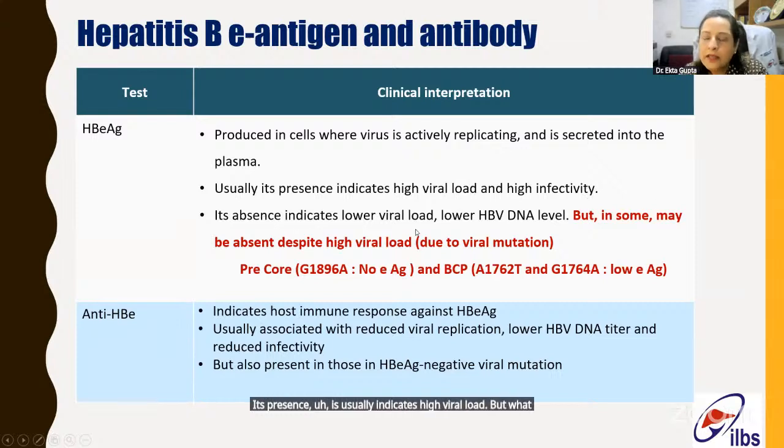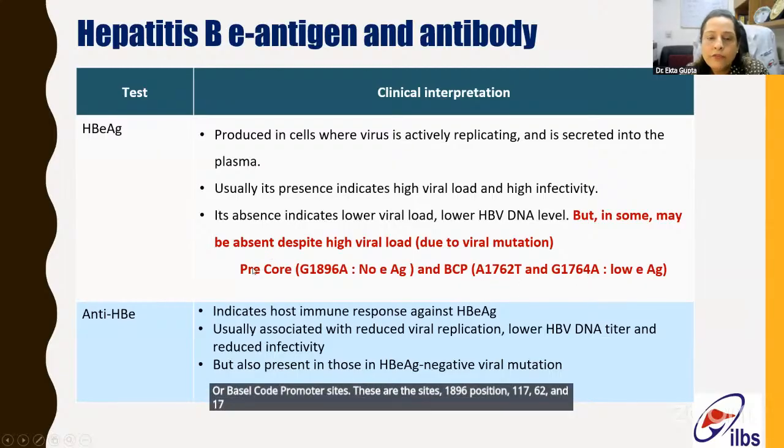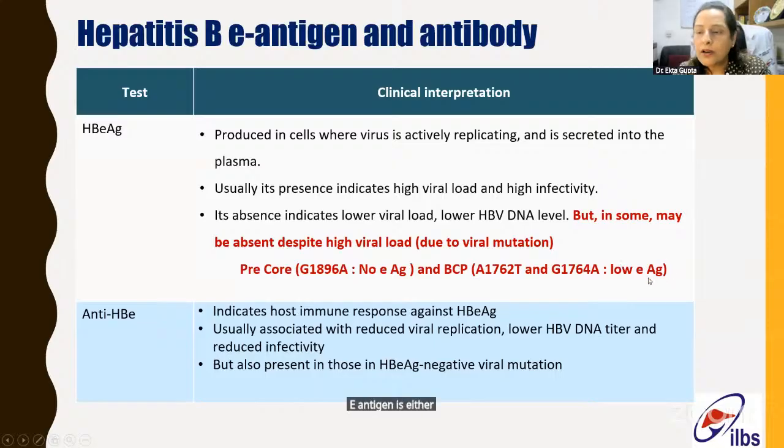But what happens is that the virus also undergoes a lot of mutation. When there are typical mutations at the pre-core or basal core promoter sites, at positions 1896, 1762 and 1764, which we call pre-core and basal core promoter mutations, E antigen is either absent or negative.